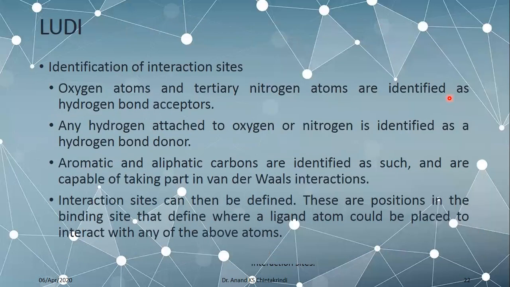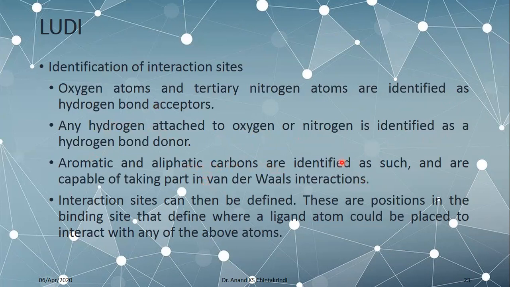First is the identification of interaction sites. How are these interaction sites identified? First, the atoms are defined. That is, oxygen atoms and tertiary nitrogen atoms are identified as hydrogen bond acceptors. Any hydrogen attached to an electronegative atom such as oxygen or nitrogen is identified as a hydrogen bond donor. Aromatic and aliphatic carbons are suitable to make van der Waals interactions.